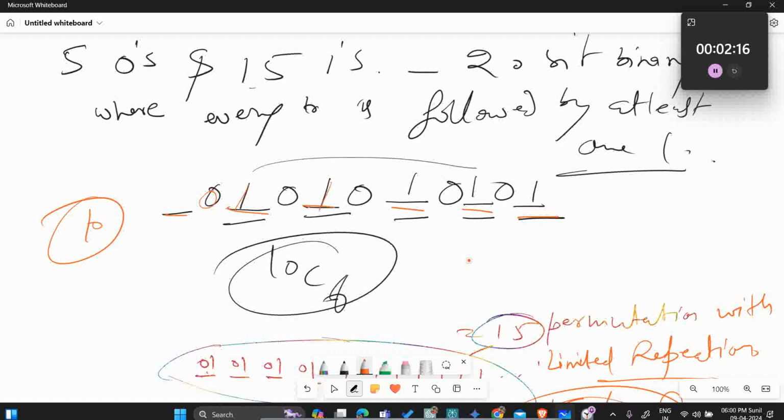What can we do? Can we make 10 people sit on 6 chairs? No. So this was not the right way, so we can't do this.